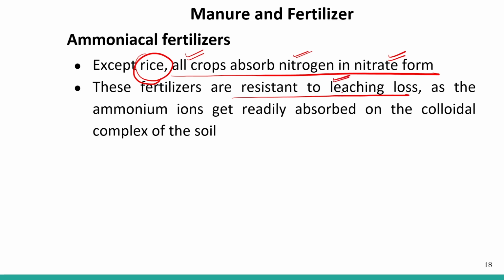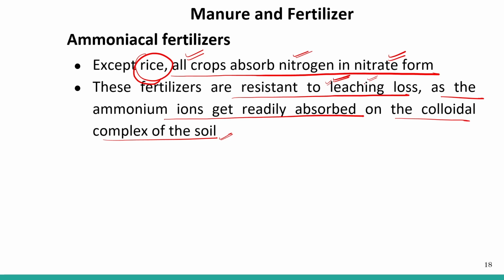This fertilizer does not get lost by the leaching process, as the ammonium ion gets readily absorbed on the colloidal complex of the soil. So there is no time for leaching. If the fertilizer is present in the soil for a longer duration and it is not absorbed by the crop plants, then there is a possibility of leaching, and when it gets leached, it causes a lot of destruction to the water.